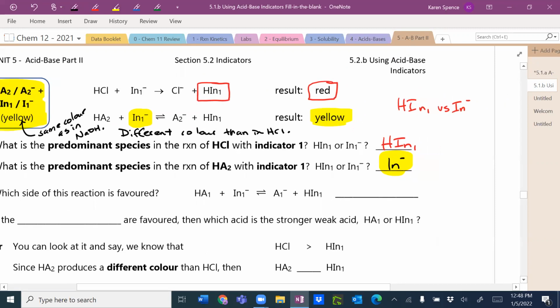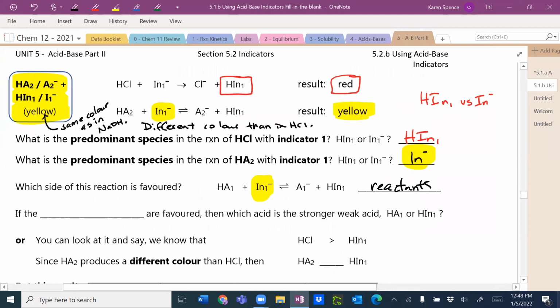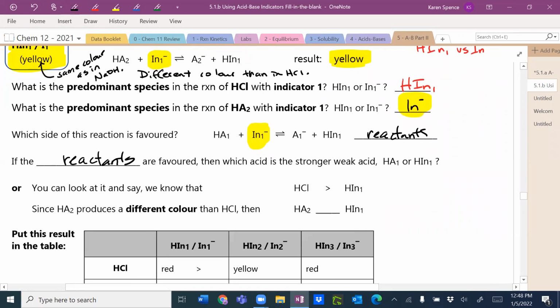So which side of the reaction is favored? Well, we're seeing that yellow color, so our reactants are favored. And if the reactants are favored, then who is the stronger weak acid?